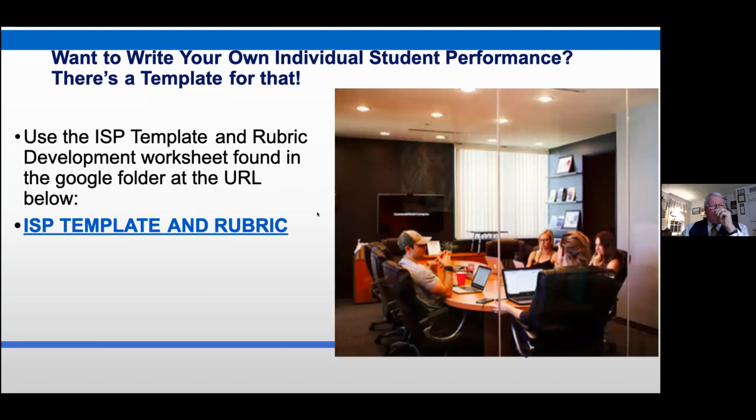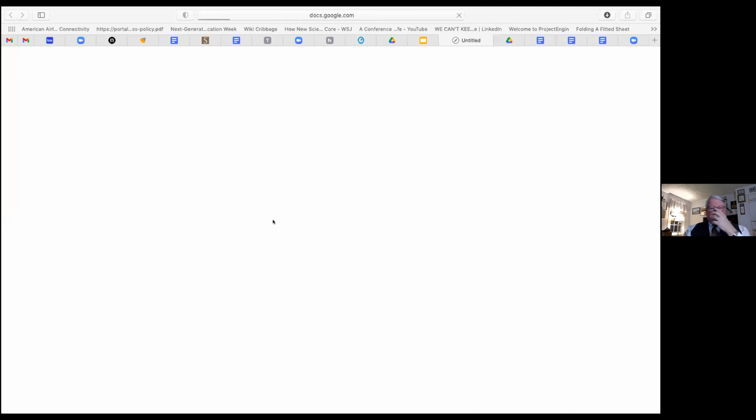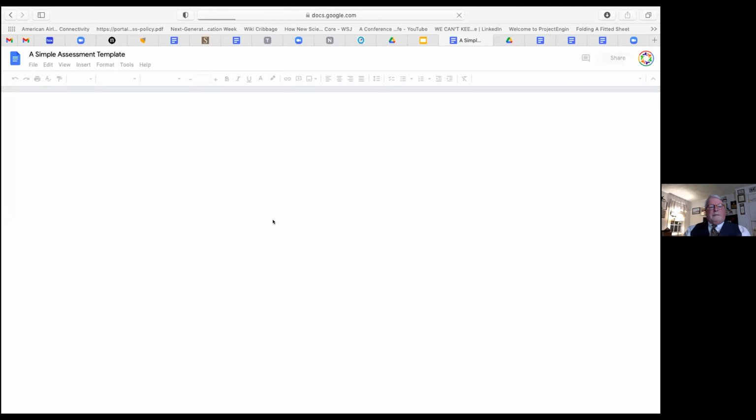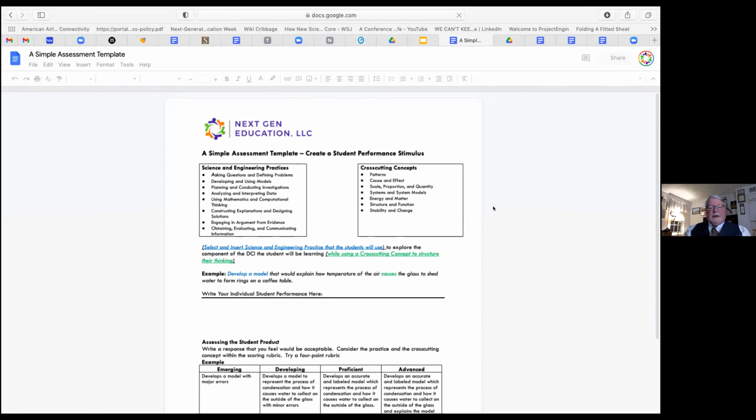And so if you wanted to do your own individual students' performance, there's a template for that. And if you go back into the folder, this is my rough attempt to give people a scaffold.